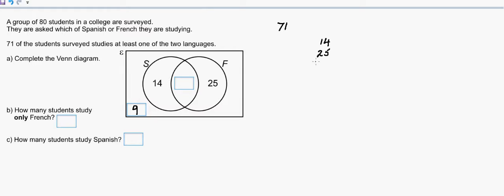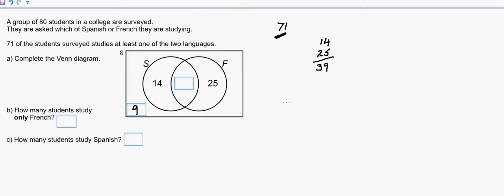Okay, so if I add those together, that gives me 39. So 39 students are studying either Spanish or French, but we know 71 are studying at least one language.